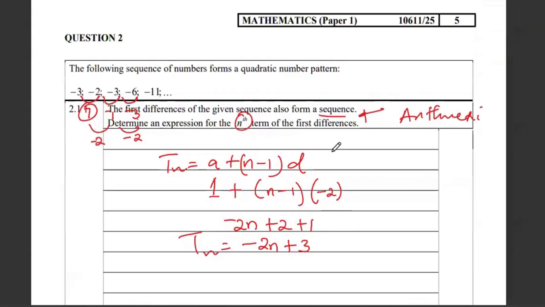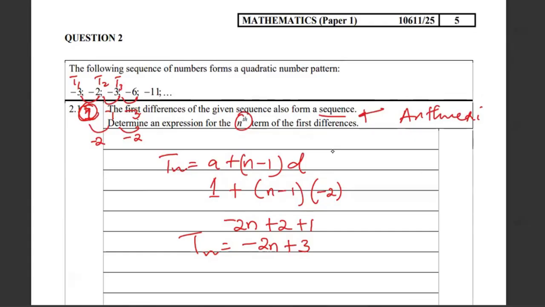Now, one thing you need to know is that term number 1 of the arithmetic is between T1 and T2 of the quadratic. Term number 2 is between T2 and T3.